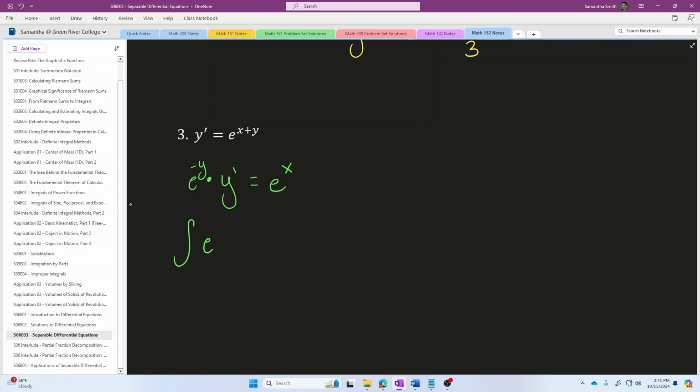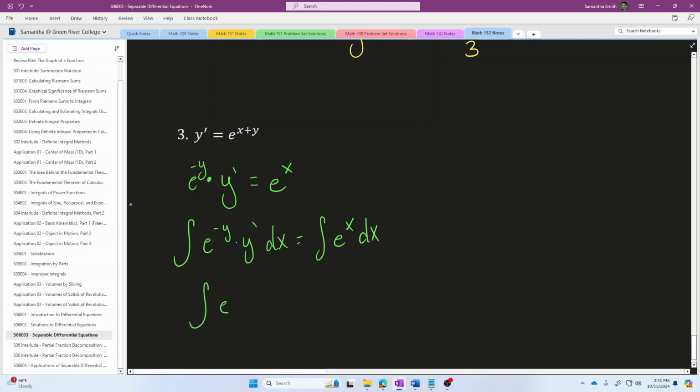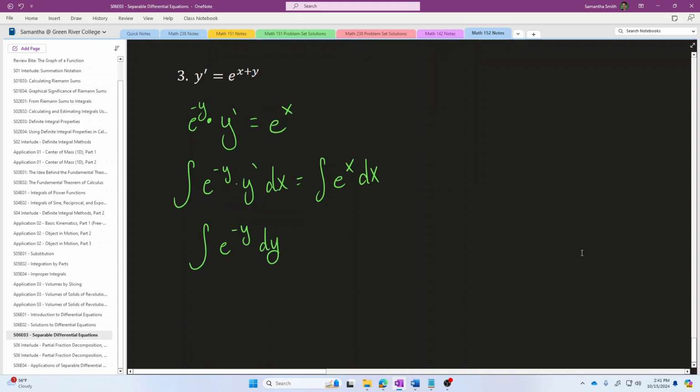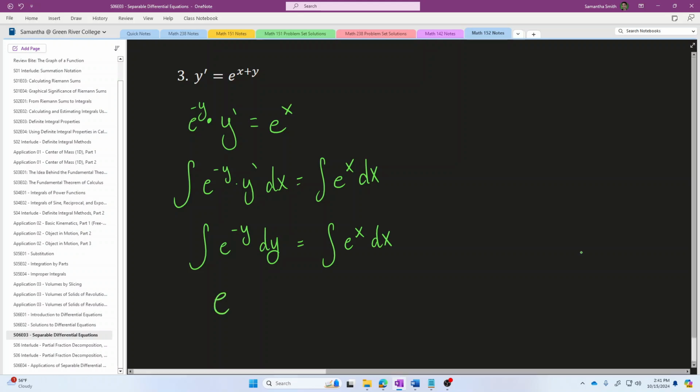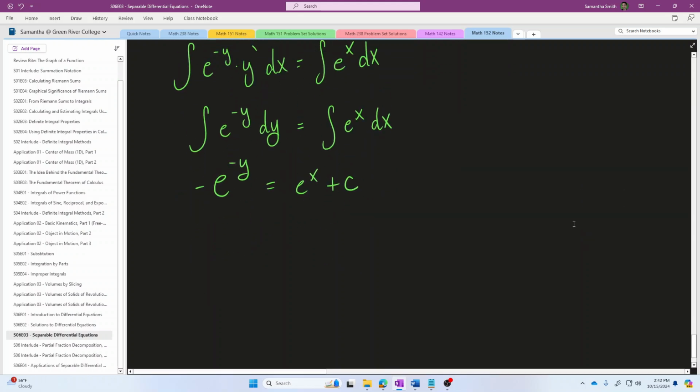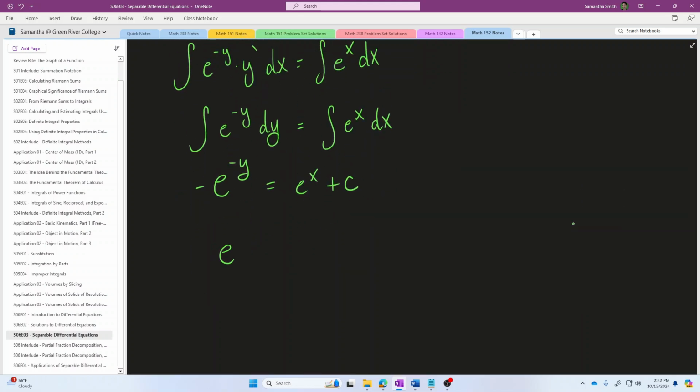Integrate both sides with respect to x, doing the exact same thing to both sides. Rewrite that integral on the left, rewrite y prime dx as dy. Complete both integrals, including a plus c on the right side, and then algebraically solve for y.